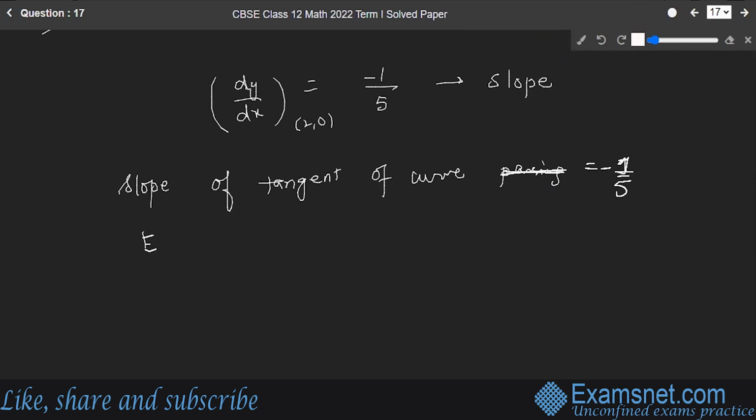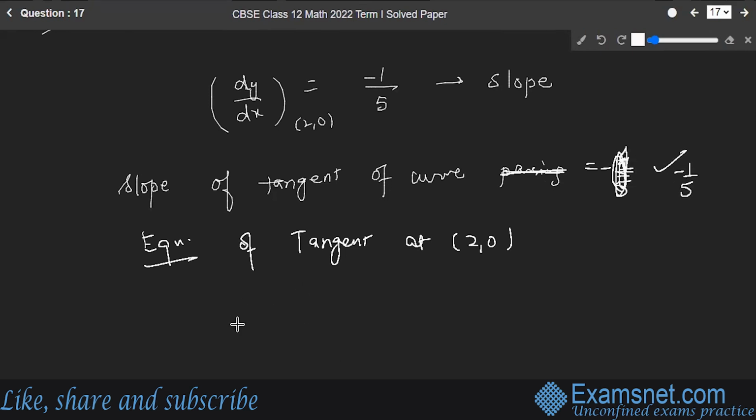Now let's make the equation of tangent at 2, 0 with slope minus 1 by 5. The equation will be given by y minus y1, which is 0, is equal to slope. I'm using the y minus y1 is equal to m into x minus x1 formula. So this is minus 1 by 5 into x minus 2.